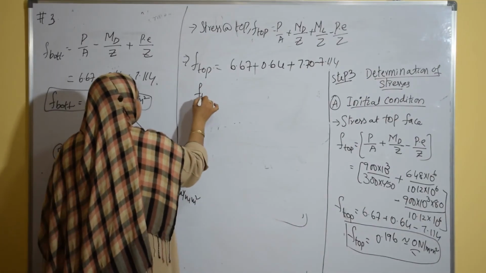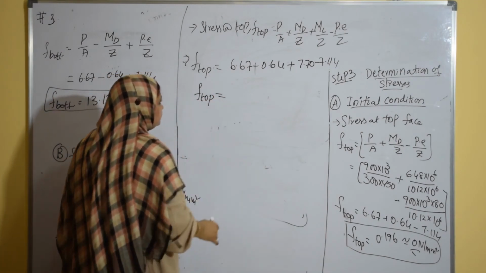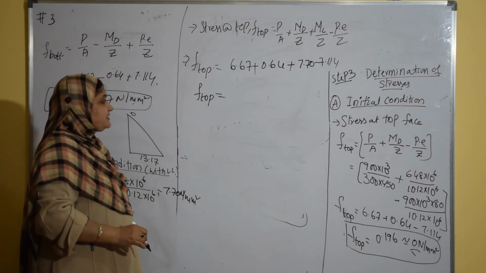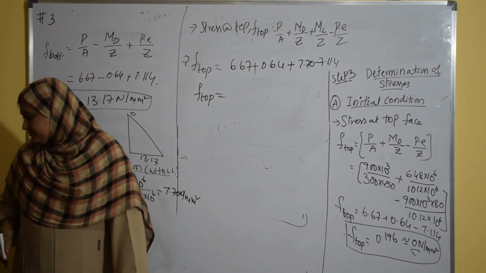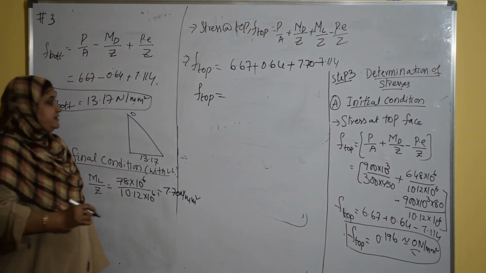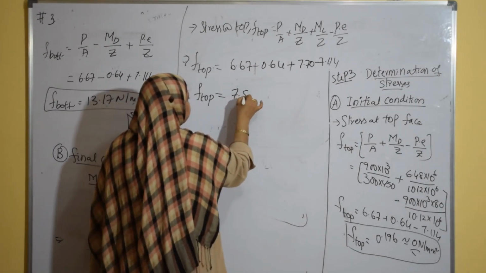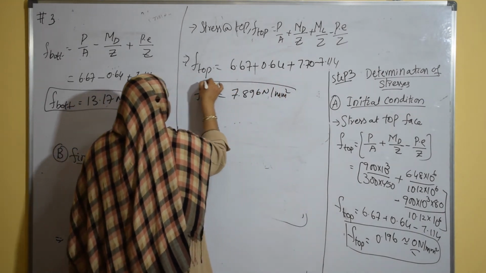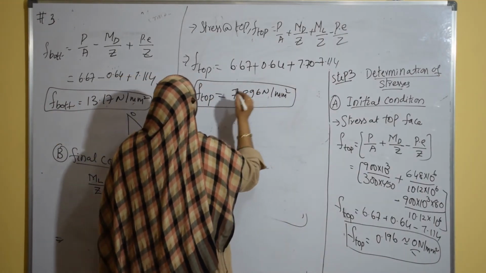So with this, using your calculators, we get the stress at top face in the final condition as 7.896 Newton per mm square. Okay. So analysis is easy.